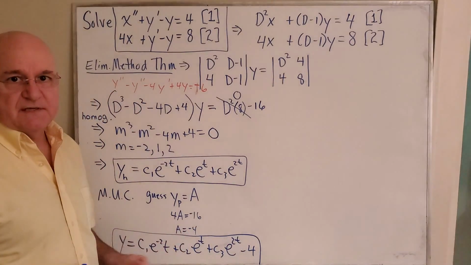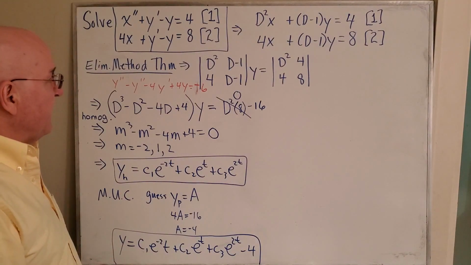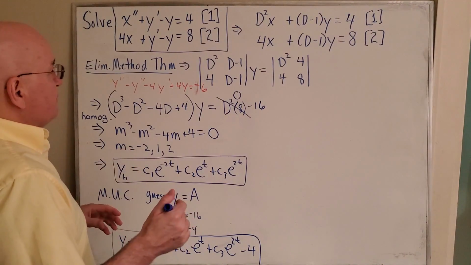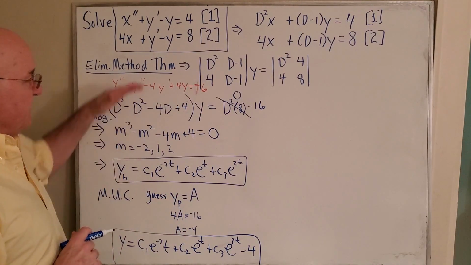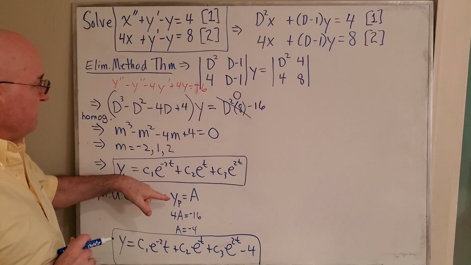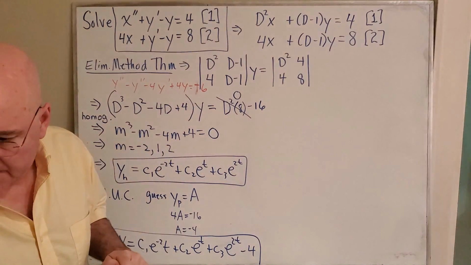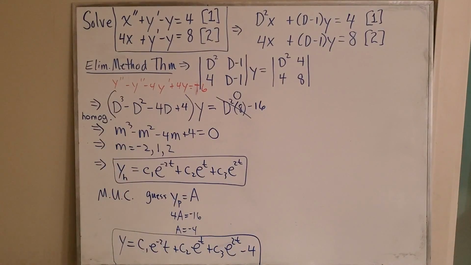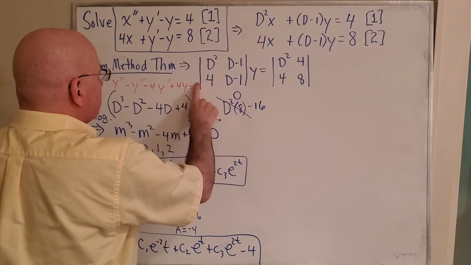That is what y is equal to. And let me just say that when we do the equation for x, it's going to be identical to this, only instead of a negative 16, we get something different.